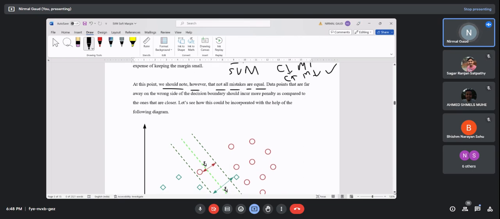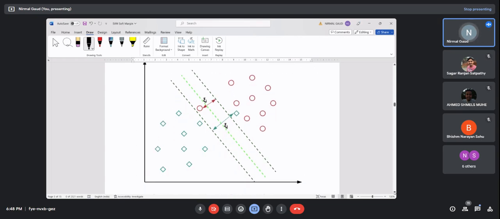By seeing this diagram we can understand that, for example, this is your hyperplane, and you are performing the classification. This green one is the decision boundary. This red point is misclassified. It should have been present here, but it came on the left side of the decision boundary.